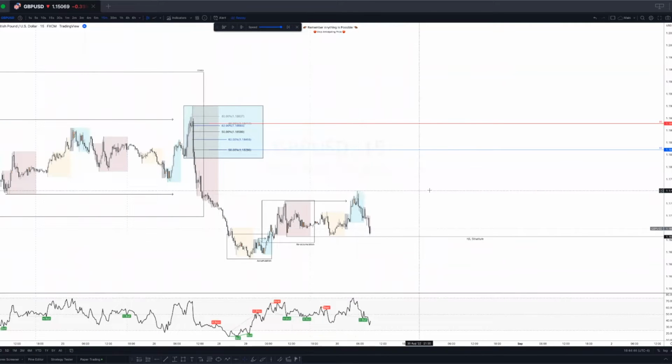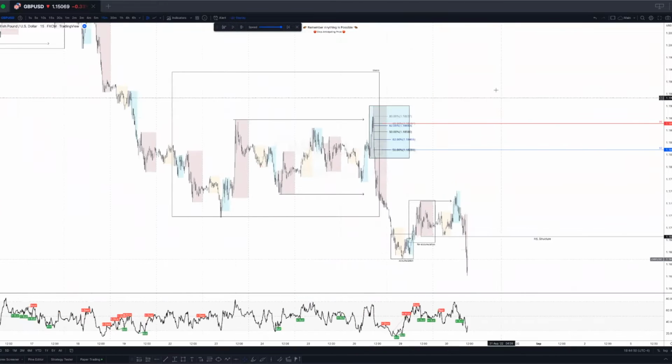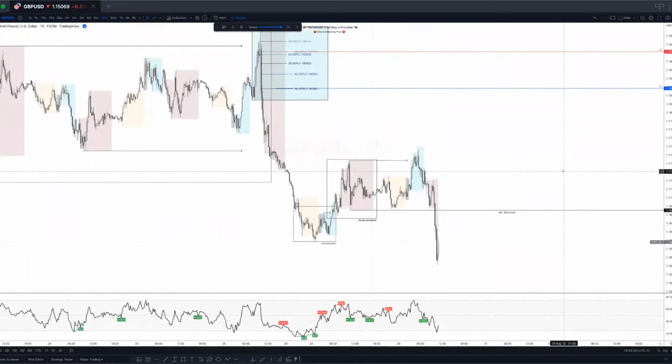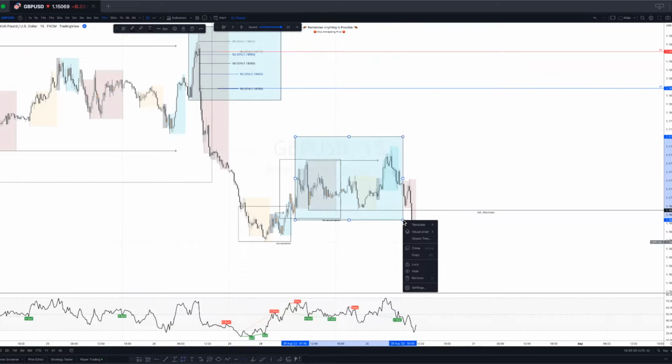I still need for this to break if we are going to confirm. So what just happened? We redistribute. So this reaccumulation rather ended up being a bigger distribution.